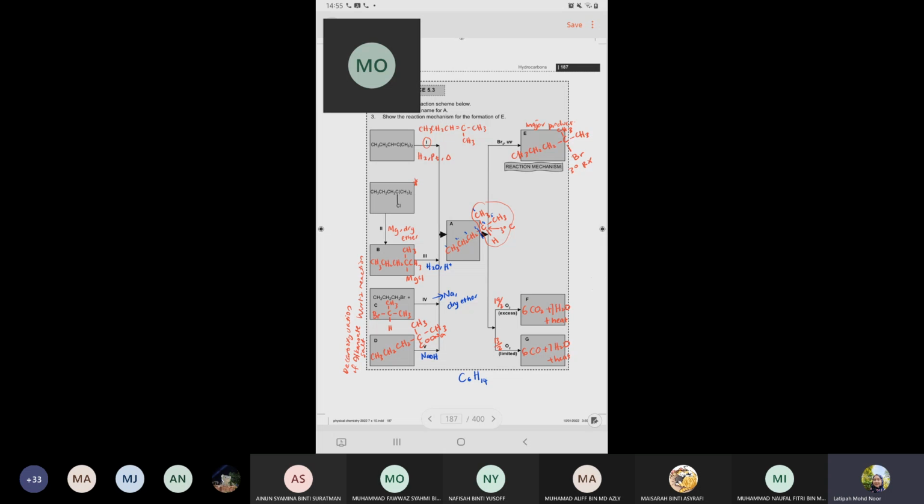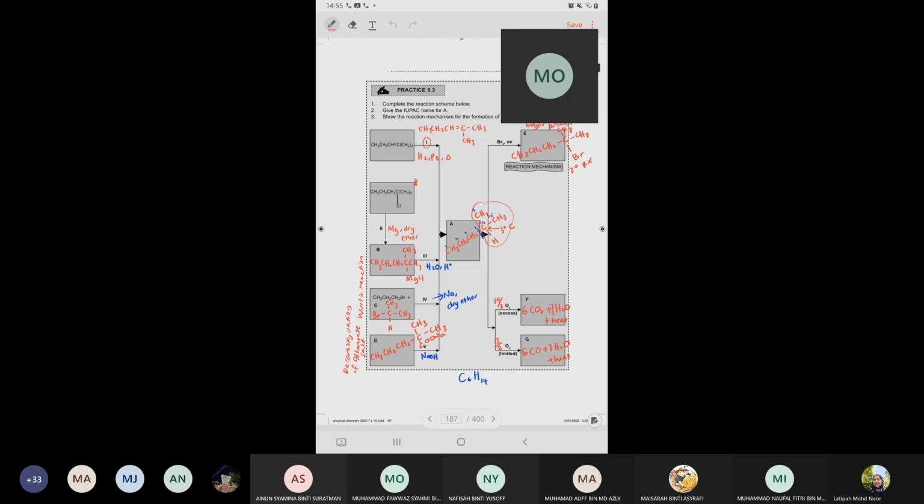Dah buat belum? Ada yang nak buat? Janganlah senyap. Dia saya tanya senyap. Buat ke belum? Belum. Jom kita buat sama-sama.